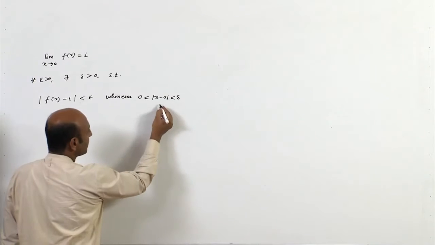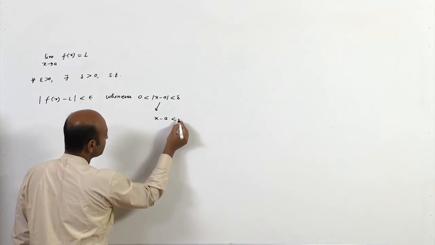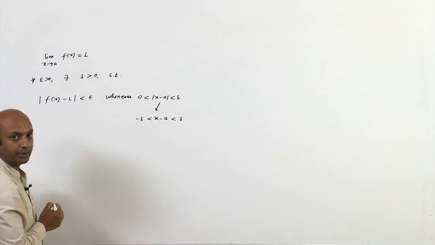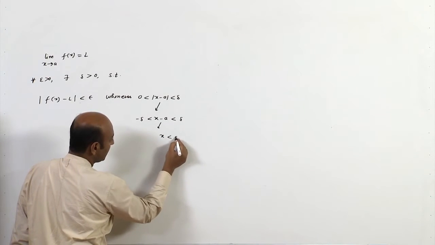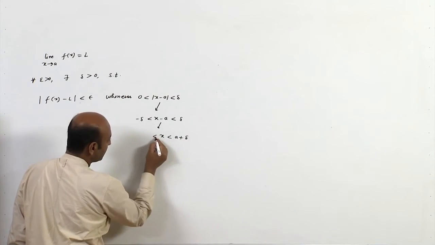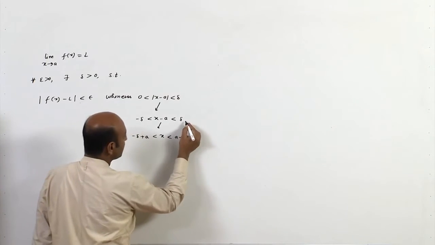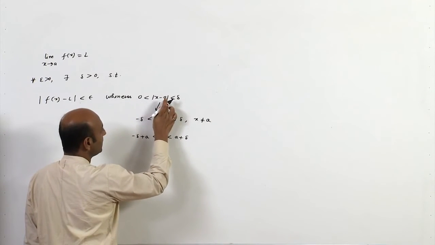Now this means that x minus a is less than delta and greater than minus delta, and this means that x is less than a plus delta and greater than a minus delta, and of course x should not equal a, because if x equals a then it is equal to 0.